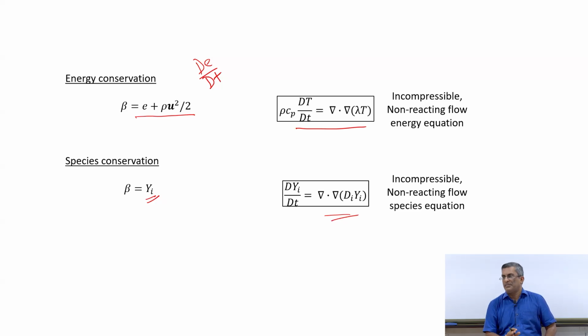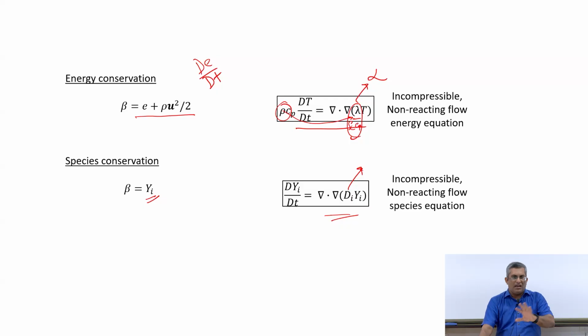If you see, these two equations are fundamentally similar. How? You just bring in this rho Cp term here, and lambda by rho Cp is your thermal diffusivity. And what is this? This is mass diffusivity. So you see, mathematically both equations are similar.